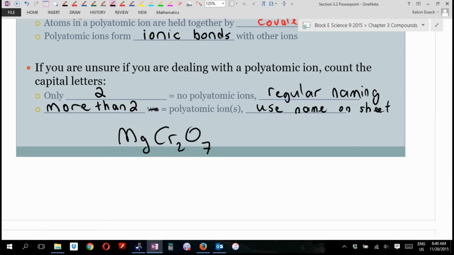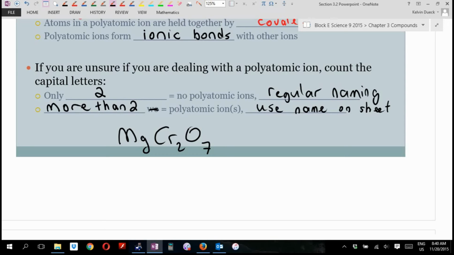This is polyatomic. Mg is magnesium. I would not call this magnesium chromide dioxide. I would look up what's the name for Cr2O7 on the back of my sheet. Chromate. This is magnesium chromate. Oh, wait, no. Dichromate. This is magnesium dichromate.